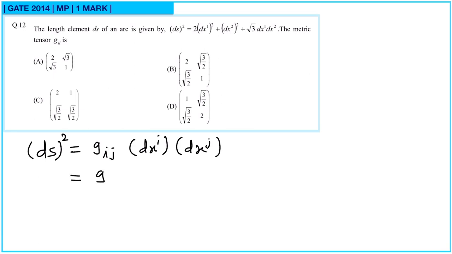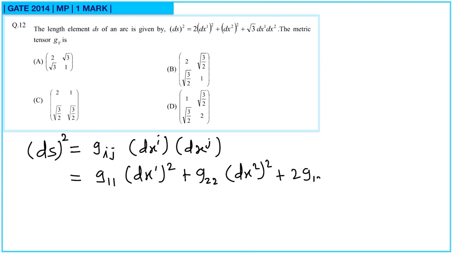So this will be equal to G11 dx1 square plus G22 dx2 square plus 2G12 into dx1 dx2. And we have G12 is equal to G21.